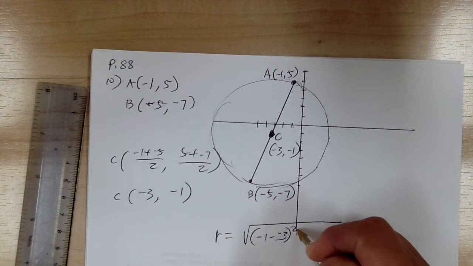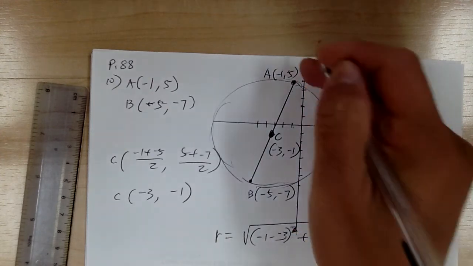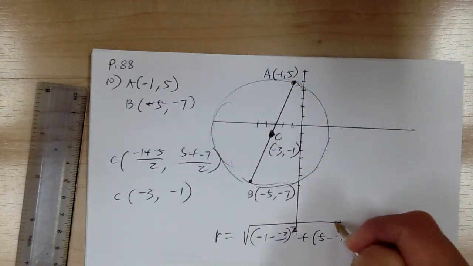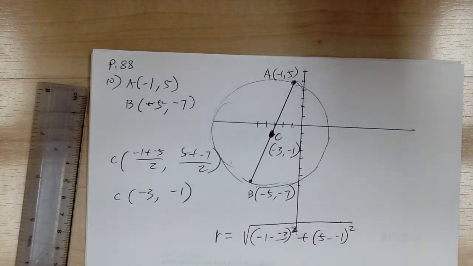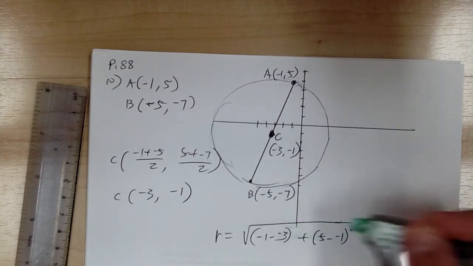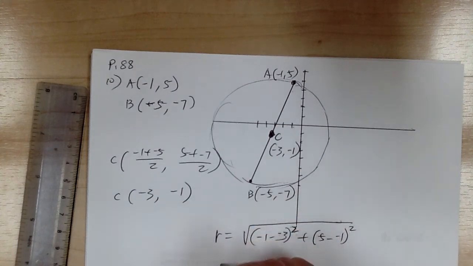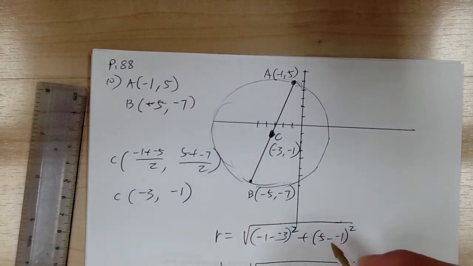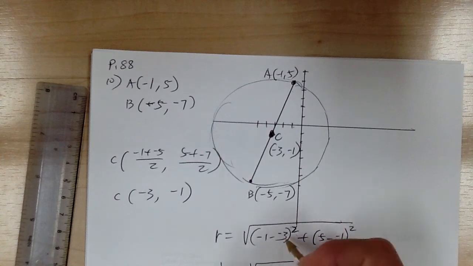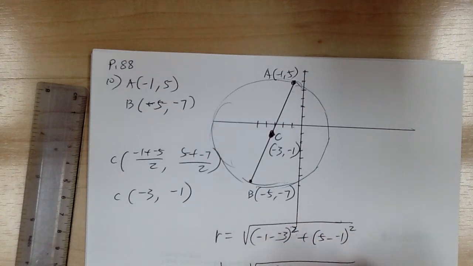A lot of negatives, so watch for that. And you have 5 minus -1, squared. So the radius will equal the square root of 4 plus 36. So r equals the square root of 40.